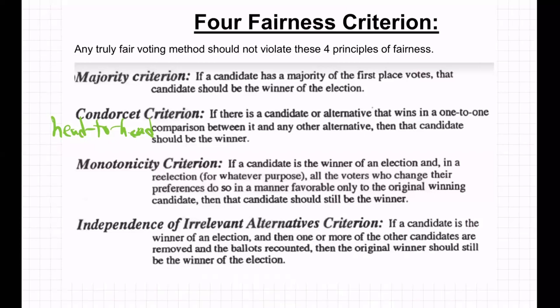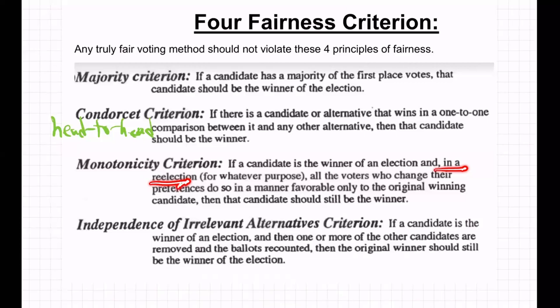It says if a candidate is the winner of an election, and in a re-election, that's how you're going to recognize that one. It's about a re-election. Sometimes they'll do an election for something, and then somebody will suddenly drop out, and they'll need to redo the election, right?